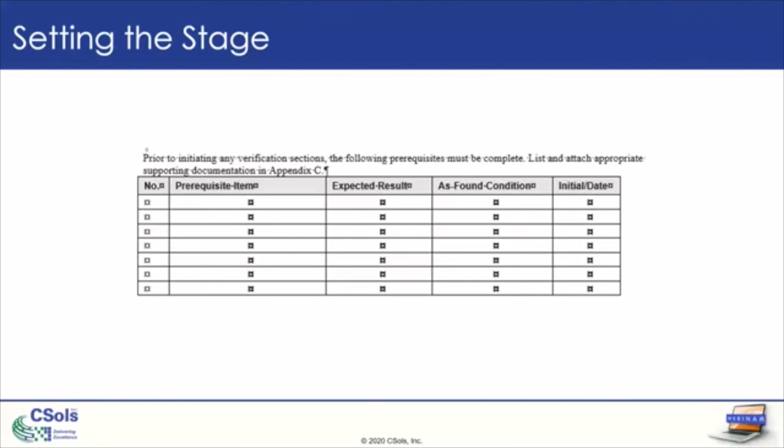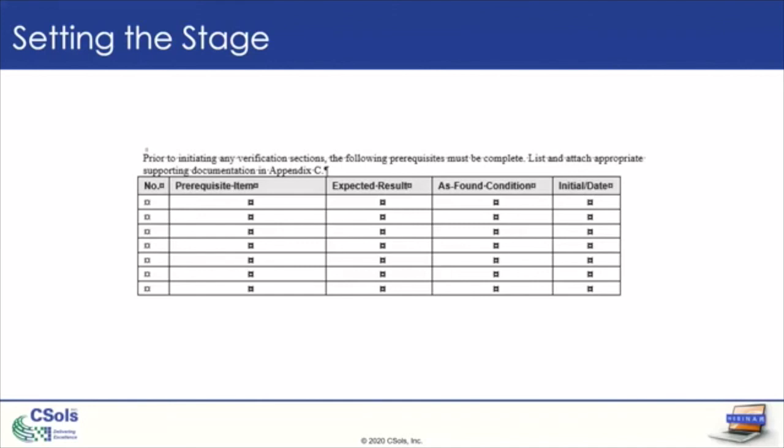Prerequisites are things, either activities, deliverables, data, whatever is needed to be in place and available to your tester in order to execute. So you could have a table similar to this that itemizes your prerequisites, what you expect those prerequisites to be, an as found condition.